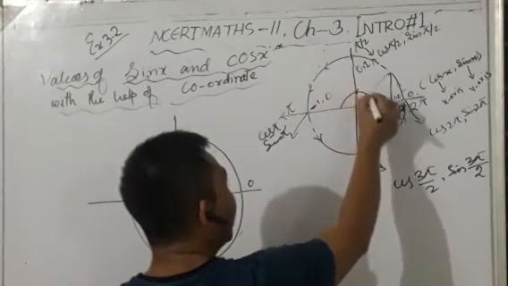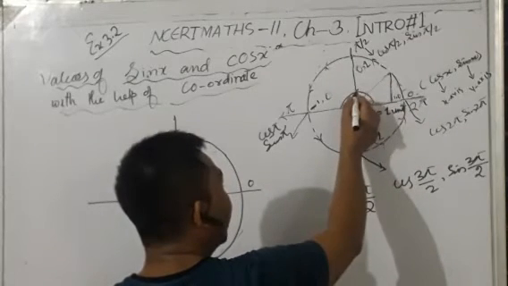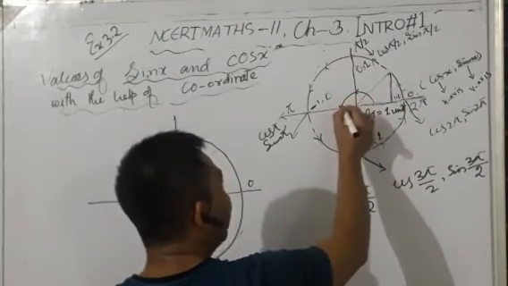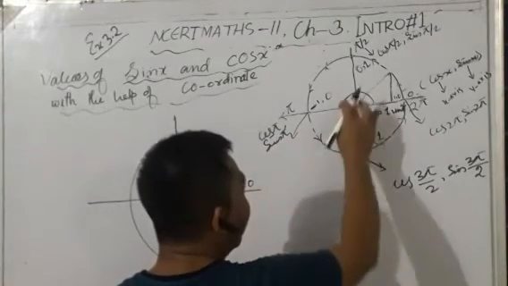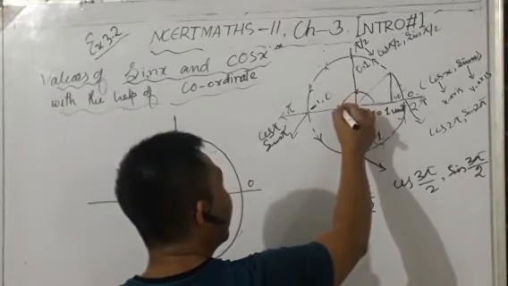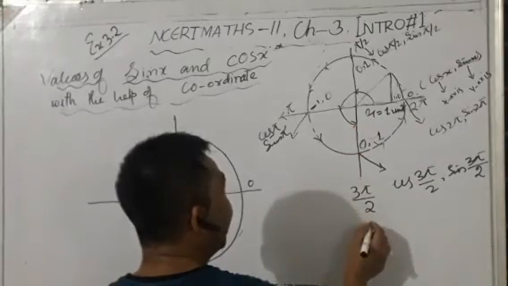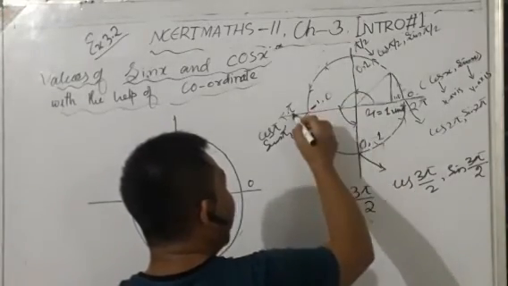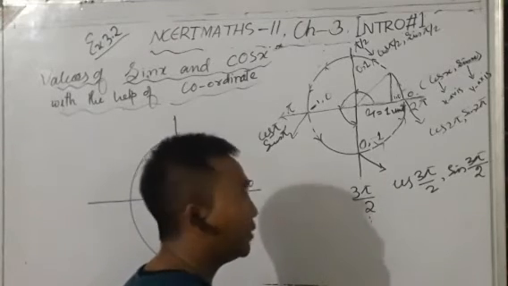This is 0 to pi by 2, and then again pi by 2 to pi, correct? Then pi by 2 plus pi gives 3 pi by 2, yes or no?